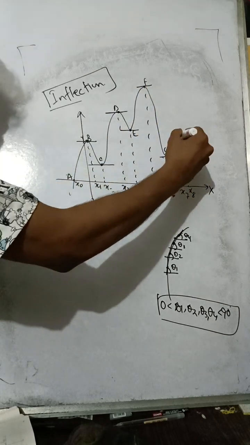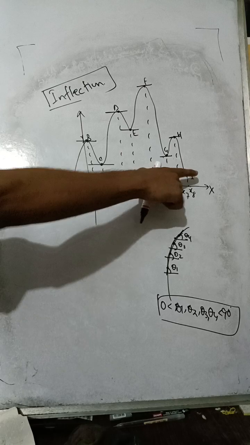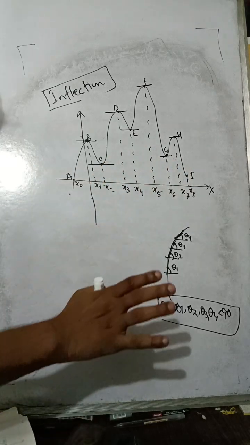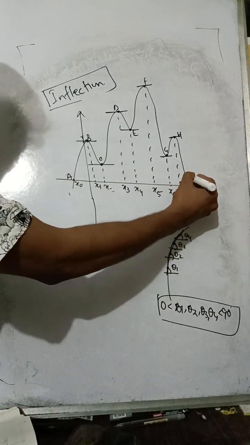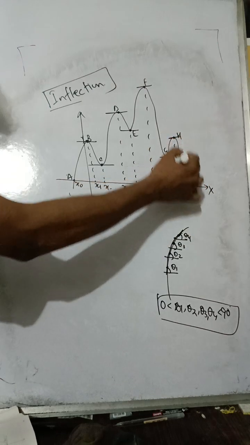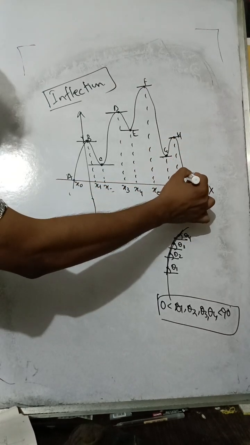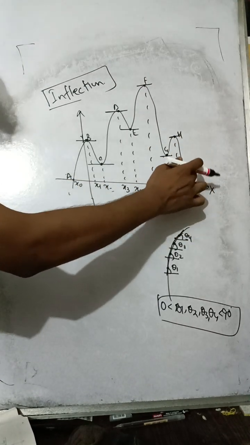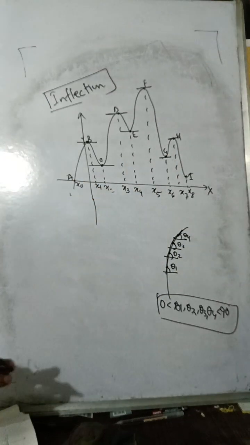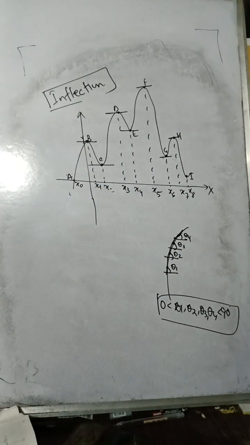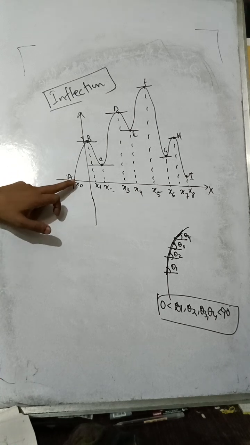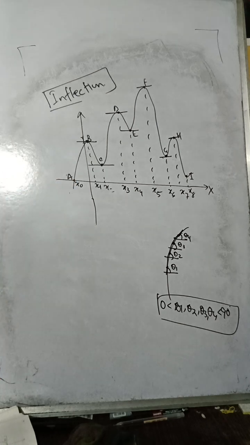F, G, H, these all are inflection points. Okay, I is not an inflection point necessarily. Why? Since HI is decreasing, we require an increasing part after I, but we do not have it here. So we are not going to call I a point of inflection. Neither are we going to call A a point of inflection.